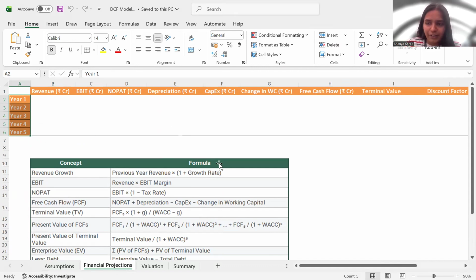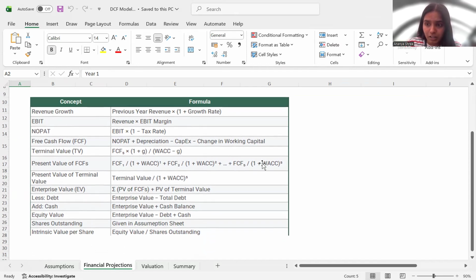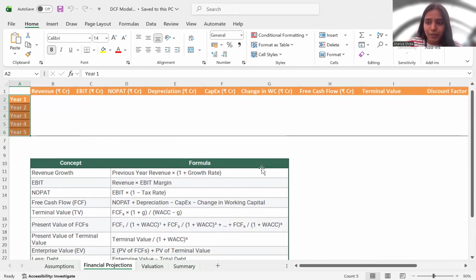First, revenue. I'm assuming a base year revenue of 1000 crore. I'll project revenue for 5 years. The simple formula I'm using is, revenue is equal to previous revenue into 1 plus growth rate.